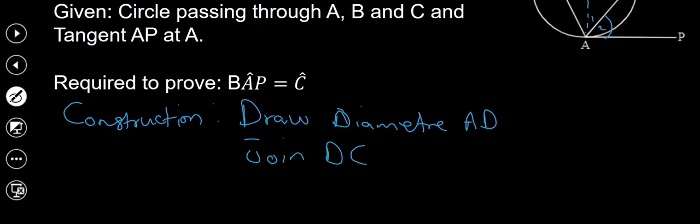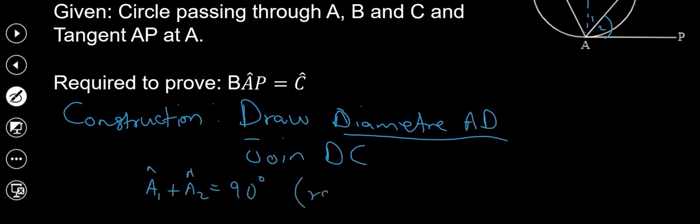So automatically you can then see, what do I then know here if I want to prove this? Since I said that my AD is a diameter, it means that A1 plus A2 will be equal to 90 degrees, right? And my reason for this will be, remember, radius perpendicular to the tangent. That's what we do know there.